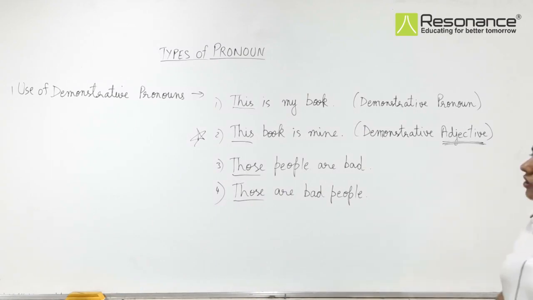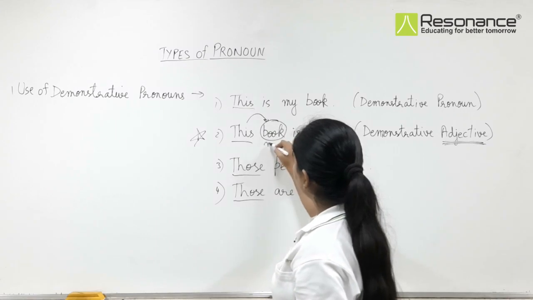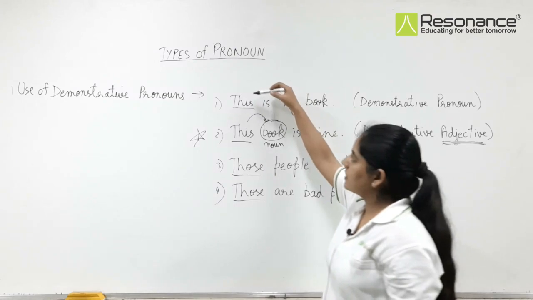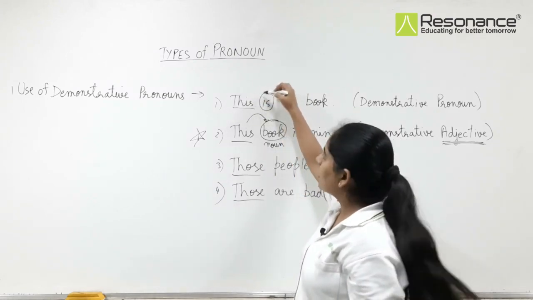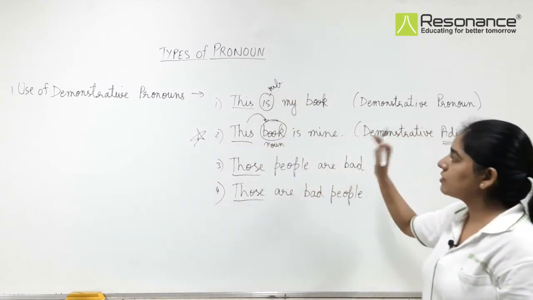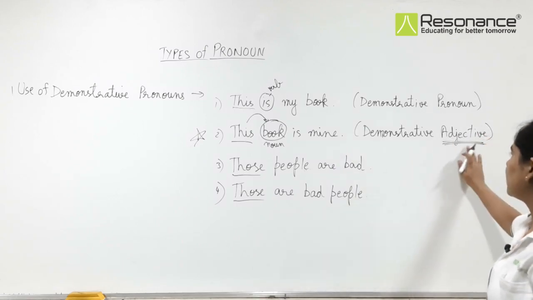Why? Because it is immediately followed by a noun. Okay, see the first sentence, is a noun coming immediately after this? No, is a verb. Okay, noun nahi hai. If demonstrative word is immediately followed by a noun, then it is a demonstrative adjective.